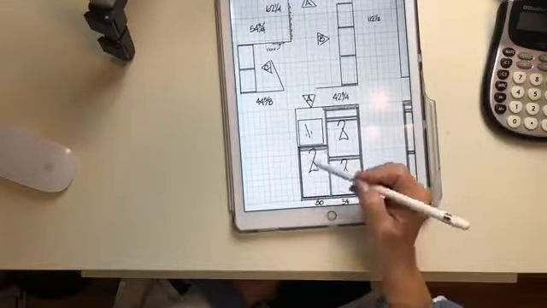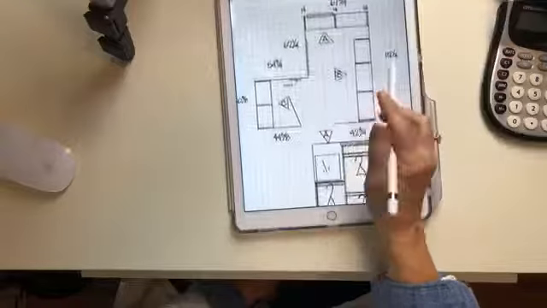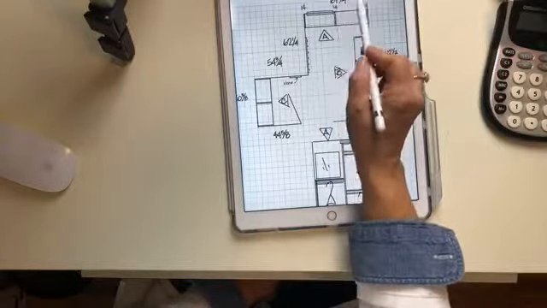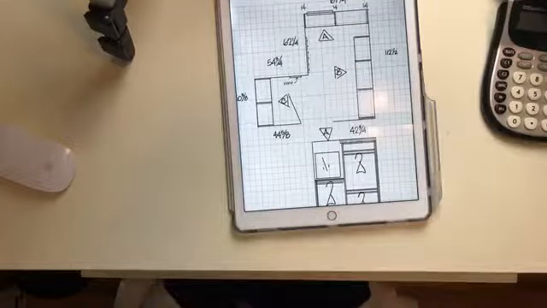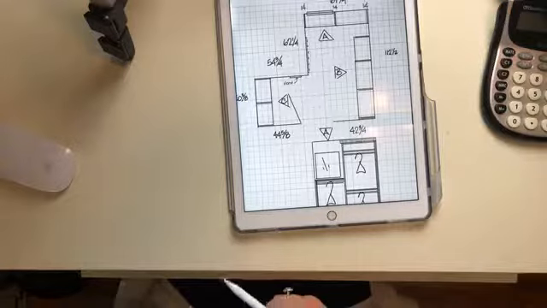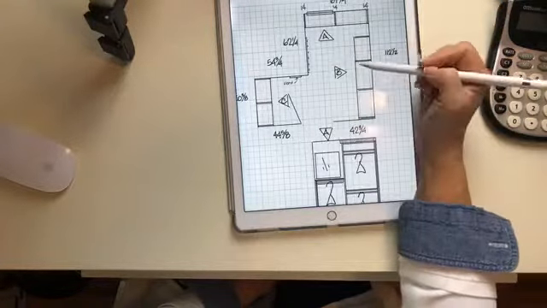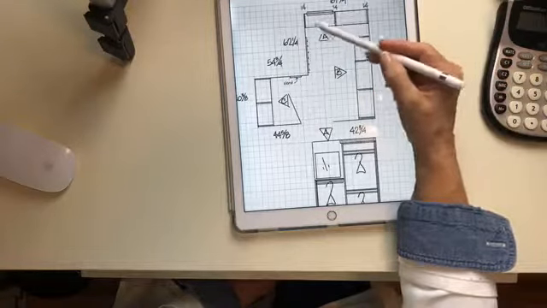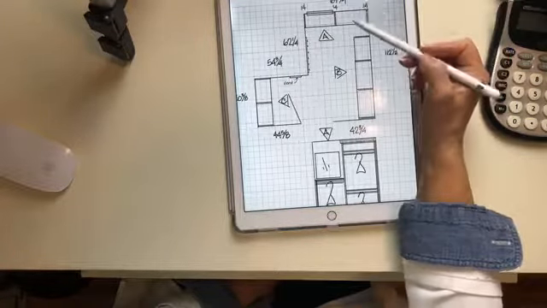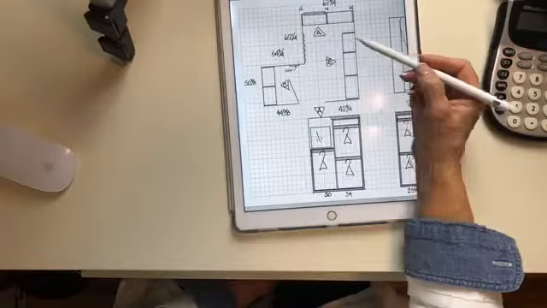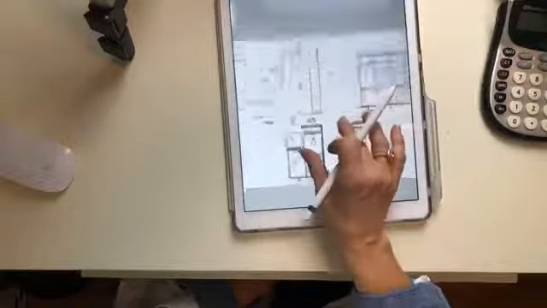I guess you could have below, but this space is pretty narrow, again, to do hanging across from hanging. They already knew they didn't want that. So we decided to keep that clear and open by using hooks here and hanging the dresses here. This turned into a double hanging. This one's a double hanging around the corner.